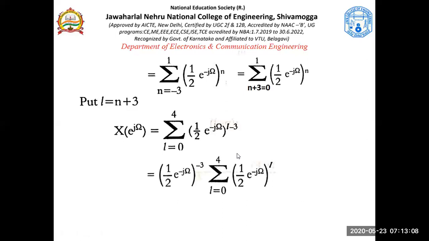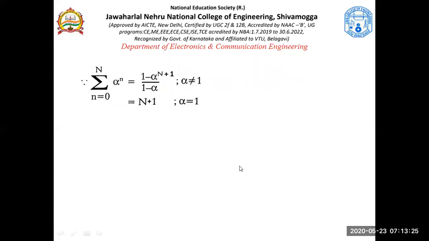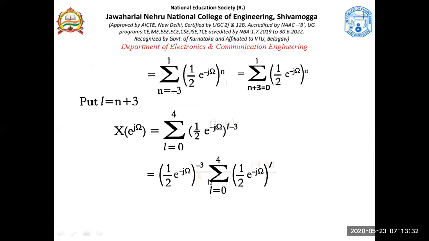So this is how it looks. Half e power j omega to the power minus 3 is kept out of the summation and the function of L is kept inside. So this is the standard form. Which standard form are we talking about? It is 0 to some finite number.